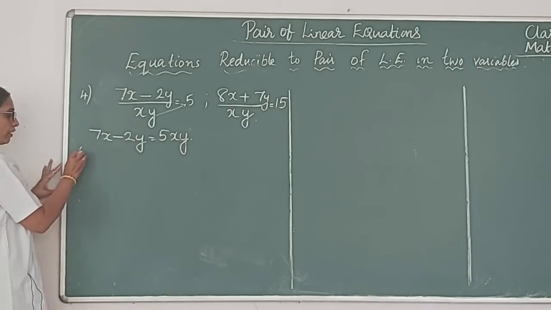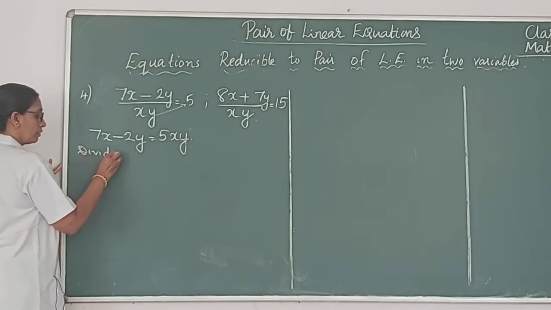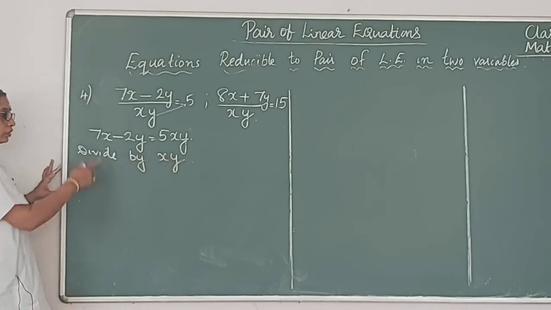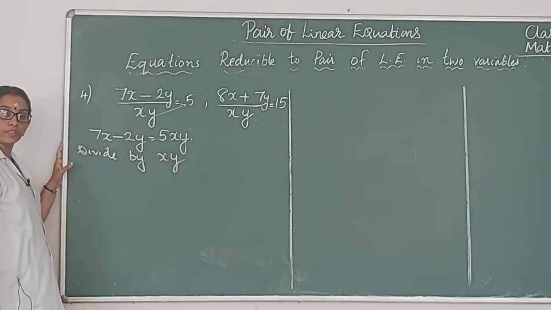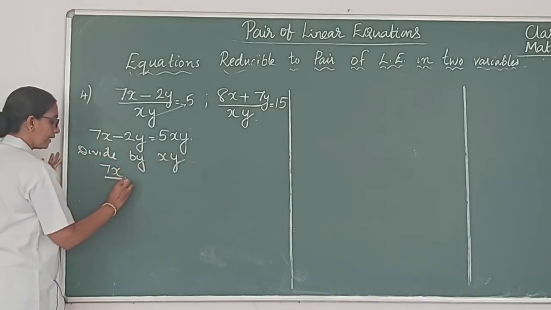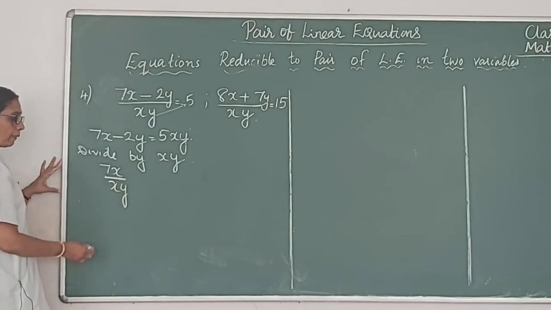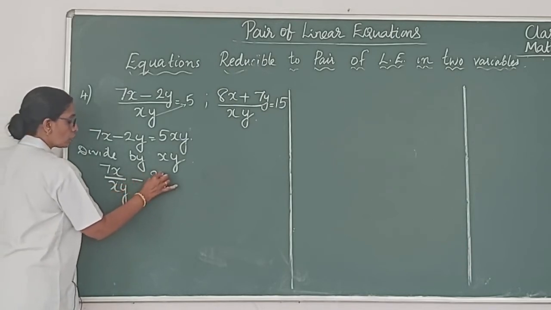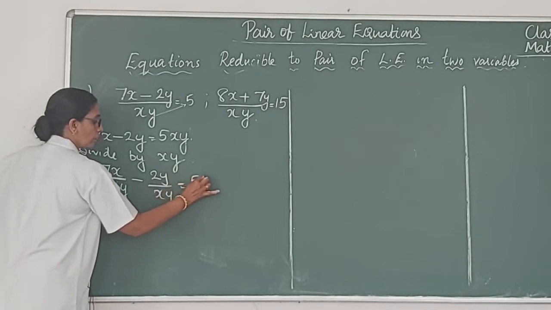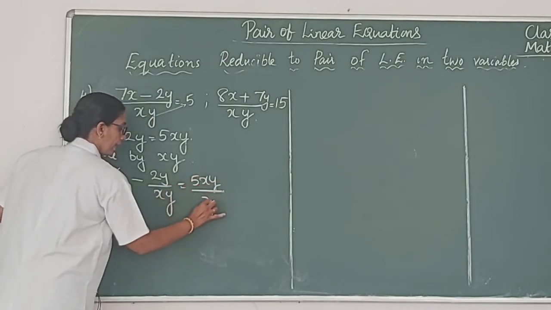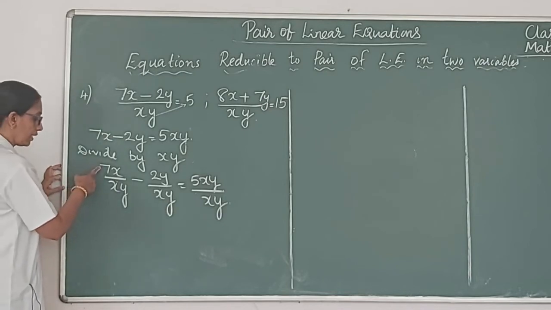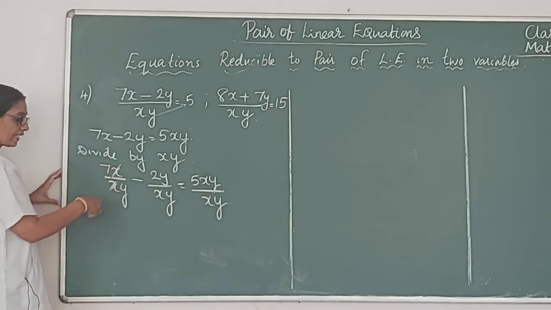So 7x/xy − 2y/xy = 5xy/xy. Here x and x cancel.